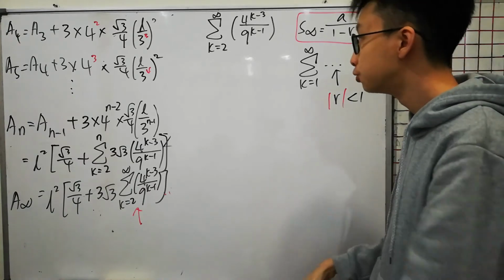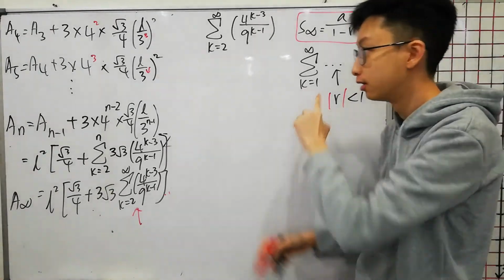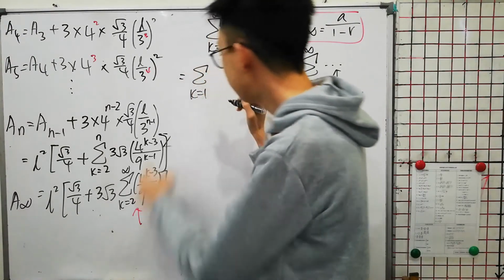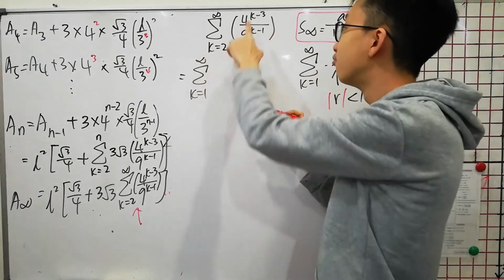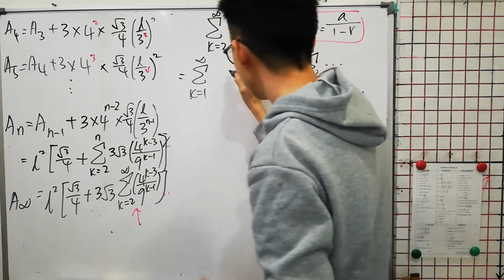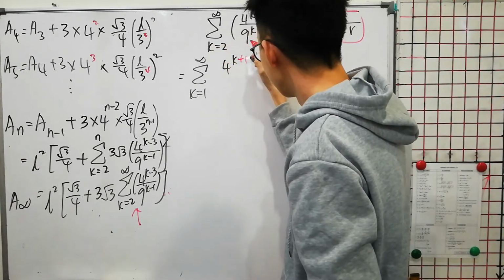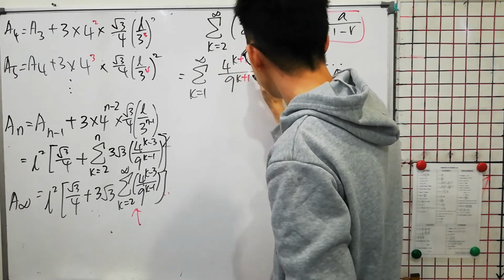So we need to re-index it to make it start from k equals 1. Now we start from 1, which means it's 2 minus 1, so we need to add 1 to the k in this expression here. It is 4 times k plus 1 minus 3 over 9 to the k plus 1 minus 1.